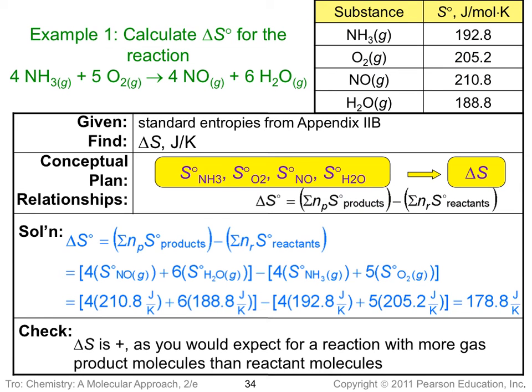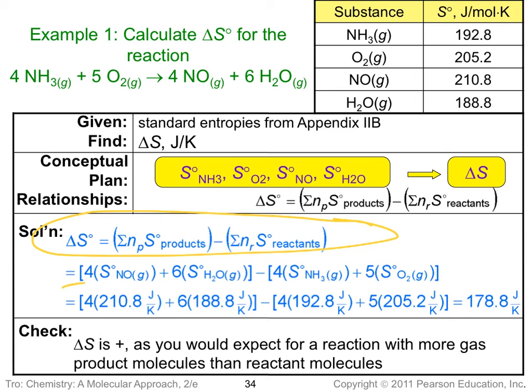So calculate the delta S for a reaction, right? Here we've got ammonia reacting with oxygen, and you get nitrogen monoxide and water out. And we've got all the substances listed over here, their standard molar entropies. You set up the equation: delta S is equal to the summation of the products minus the summation of the reactants.